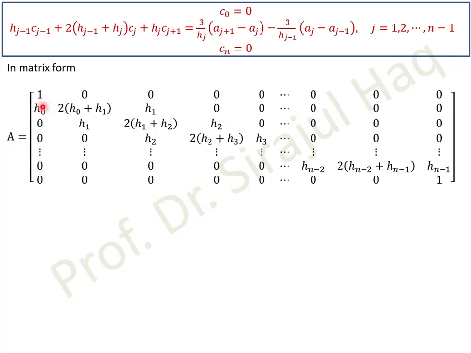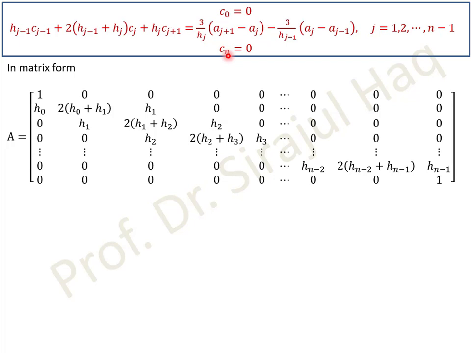So you can see now these are the rows coming from this equation. And finally, it can be written as 0 C0 plus 0 C1 plus 0 C2 and so on, plus 0 Cn minus 1 plus 1 into Cn.